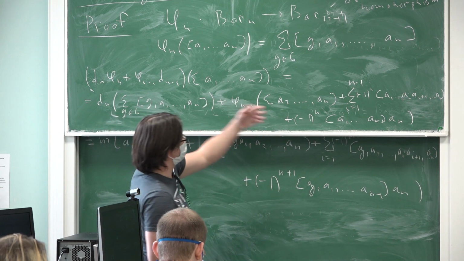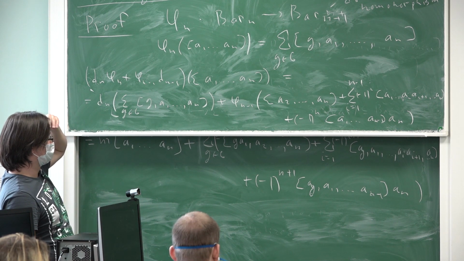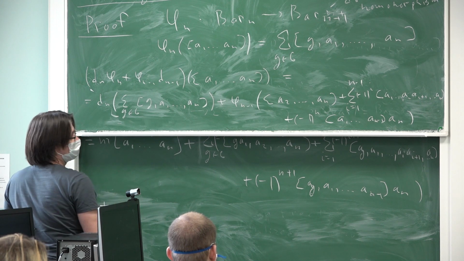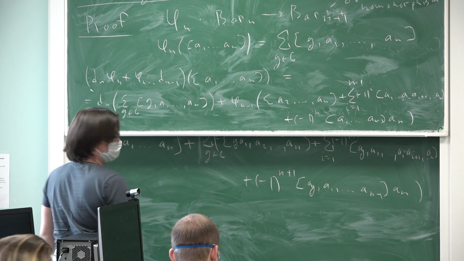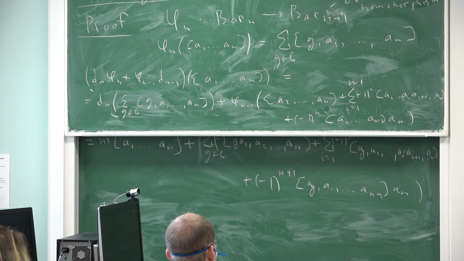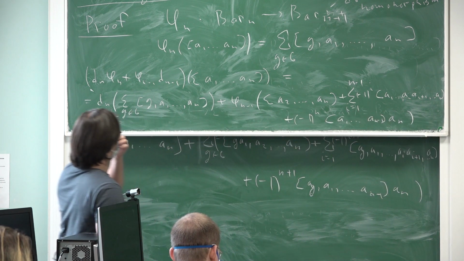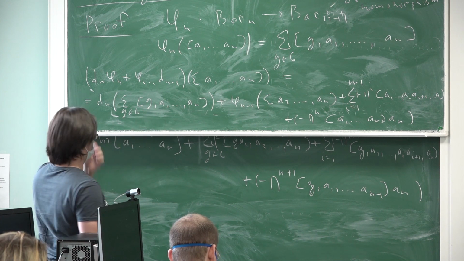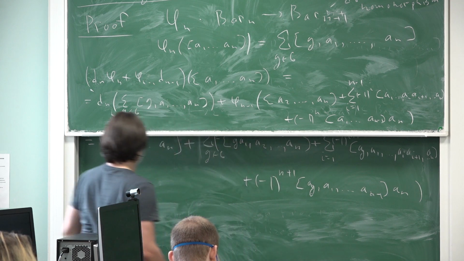And now you apply phi n minus 1 here. First you get, well, is it n plus 1 or n again? No, here n plus 1, because you put g here. Everything was shifted.